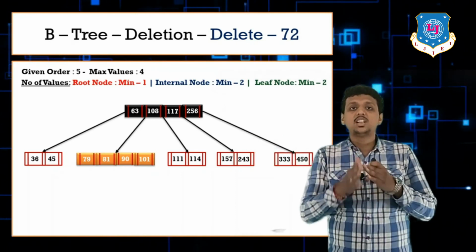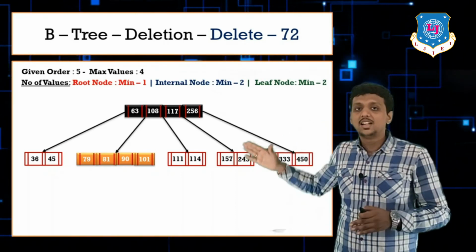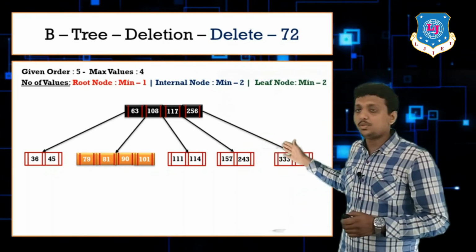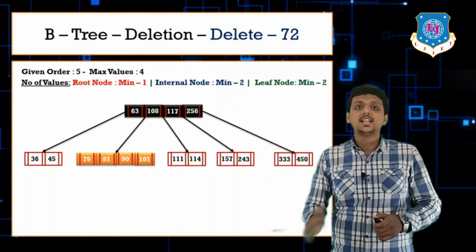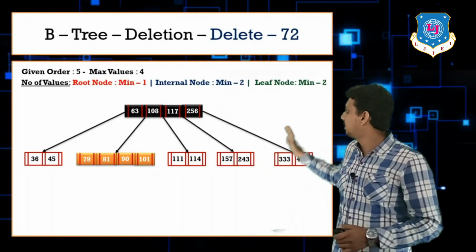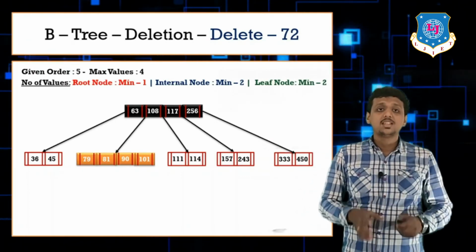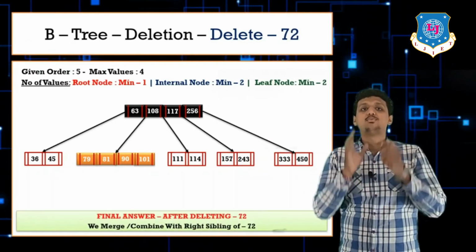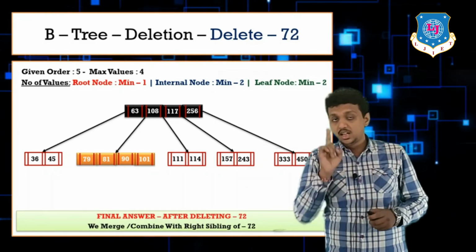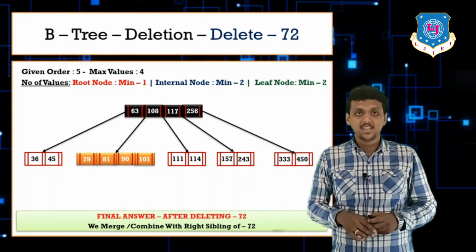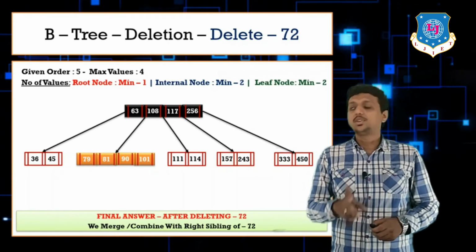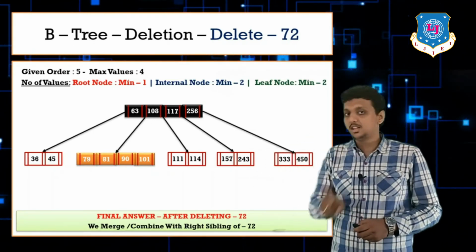The values greater than 117 and less than 256, like 157 and 253, must be over there, and the values greater than 256 are on the right side in the last node. So students, this is my final answer number 1 if I choose the right sibling, after deletion of 72.